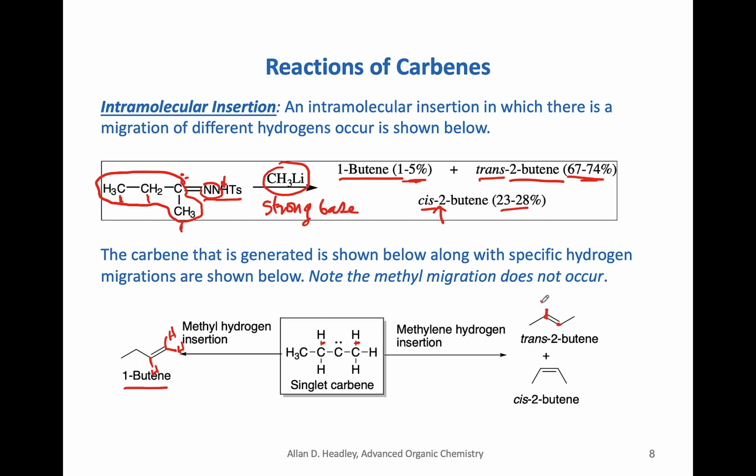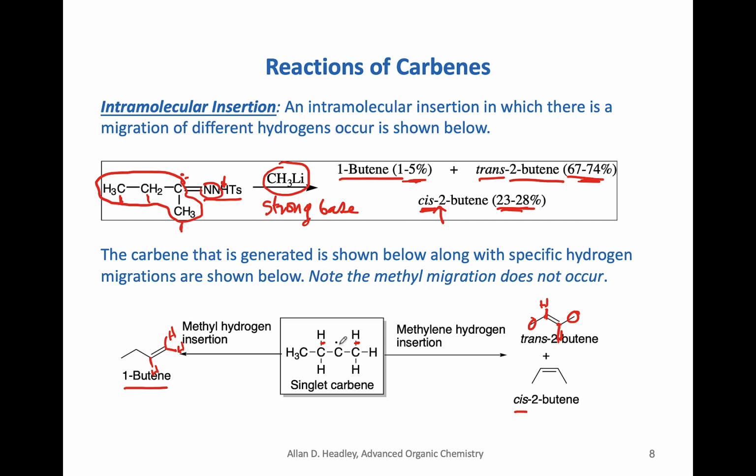This has here a hydrogen and a hydrogen, so it's a disubstituted alkene, more stable than a monosubstituted alkene. We also know that a trans alkene is more stable than a cis alkene, so that explains why the amount of cis alkene is less than the trans alkene here.